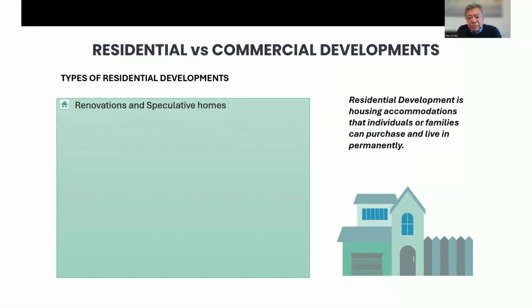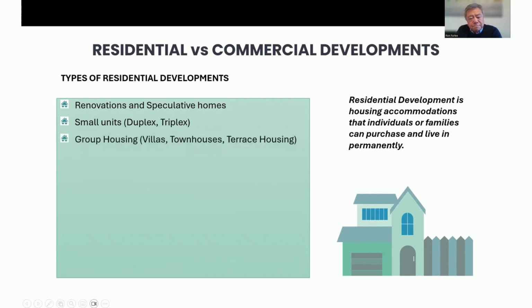There are renovations, speculative homes, that's one-off homes, small unit developments, which are duplexes, triplexes, quadruplexes, group housing, which is slightly an extension of that. Then you break it down to villas, like for example, retirement over 55s. That's what I define as villas. They're generally single story. You have townhouses, generally two-story, and terrace housing, which is predominantly in Sydney and Melbourne, and there are snippets of it happening here in Perth.